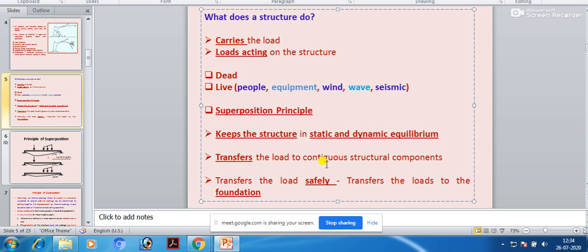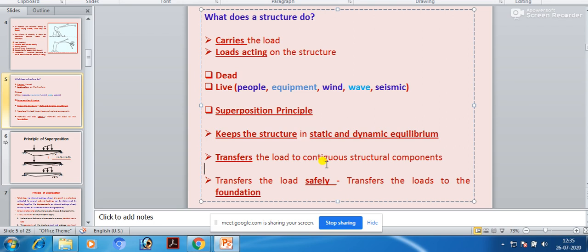The beam will be taking the load, and through the beam the loads will be transferred to the column, and then through the column the loads will go to the foundation, and ultimately be transferred to the ground or the rocky stratum. So that is the transferring of load to contiguous structural elements, structural components. If you make a beam hanging in the air, it cannot support anything.